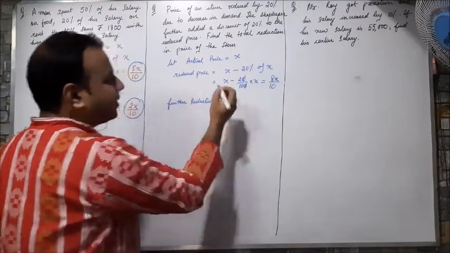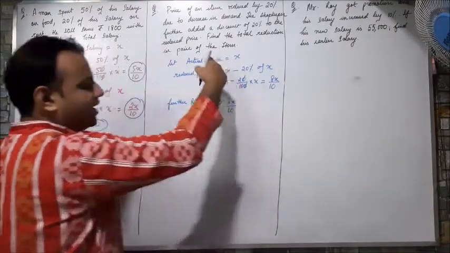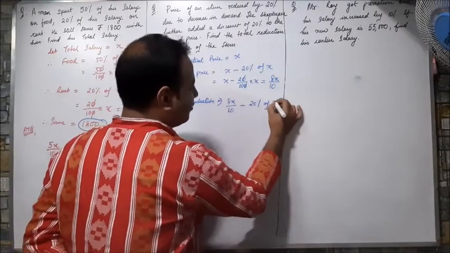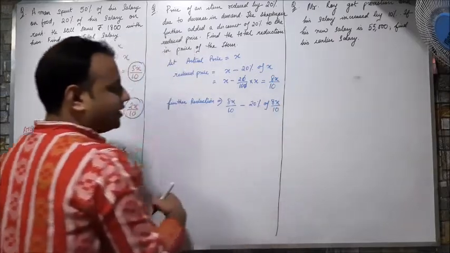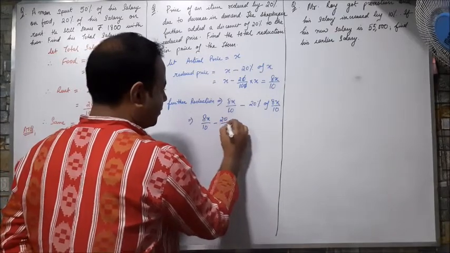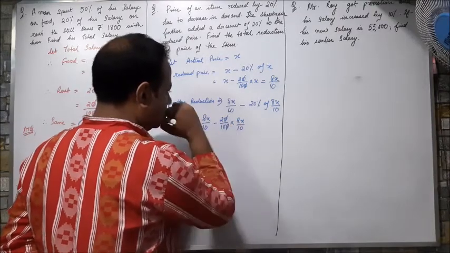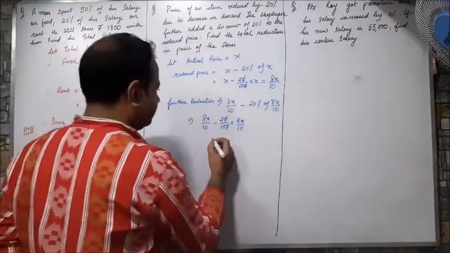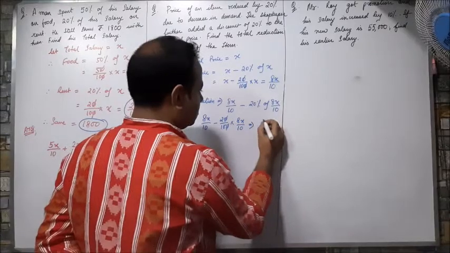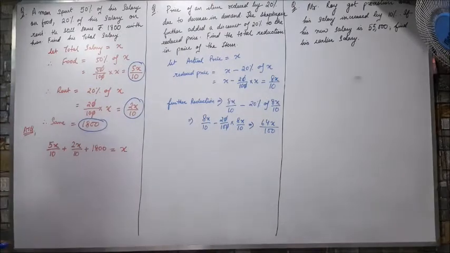Further reduction, again a 20% discount. What will I write here? Now I will not take x, I will take 8x by 10. 8x by 10 minus 20% of 8x by 10. What will I get? I am getting 64x by 100.